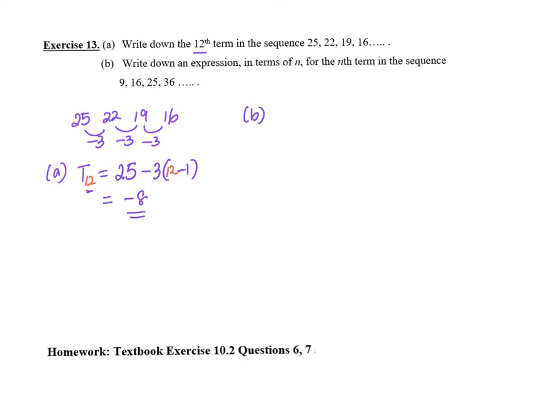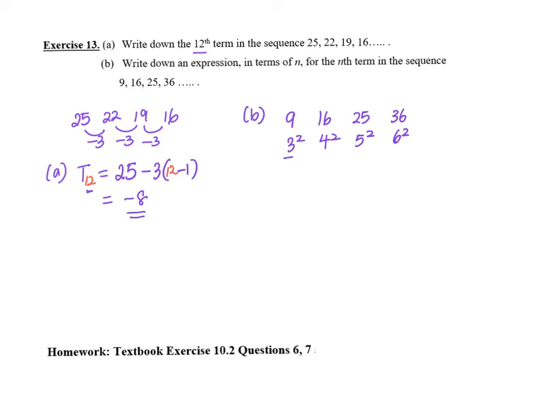Part B. Write down an expression in terms of n for the nth term in this sequence. I have the number 9. Hey, 9 is 3 squared. 16 is 4 squared. 25 is 5 squared. 36 is 6 squared. So there is quite a link here, right? It's a series of perfect squares.